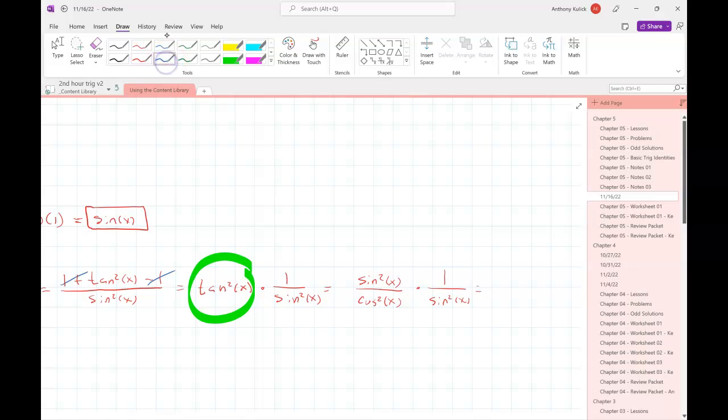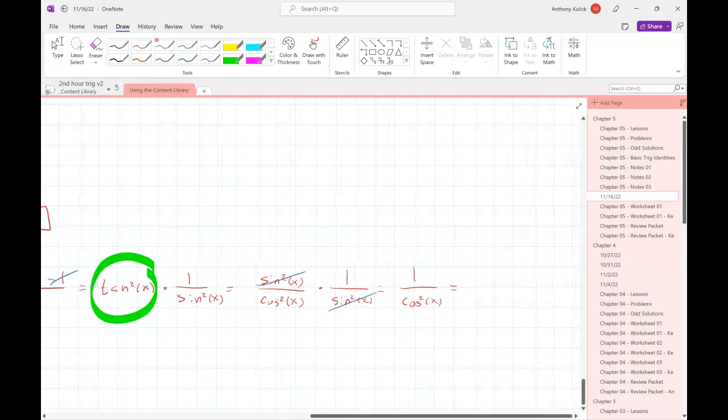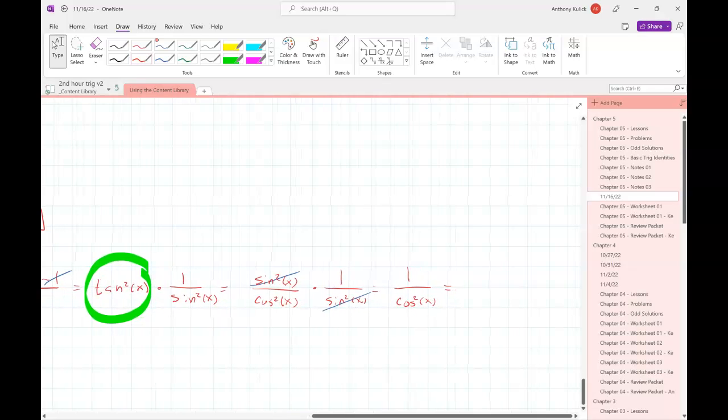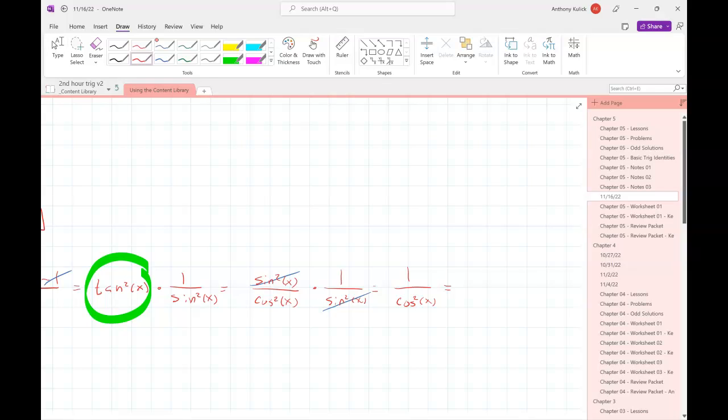And look at what happens. What can happen when I have these two fractions? The sine squareds cancel out, and I'm left with not cosine squared, 1 over cosine squared. And that is the same as secant squared.